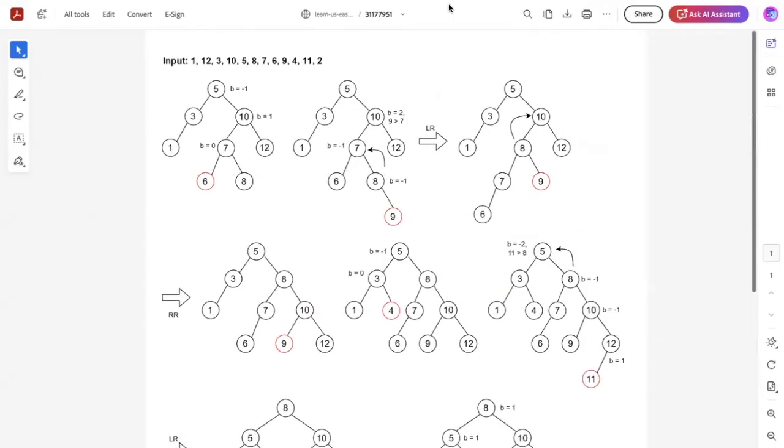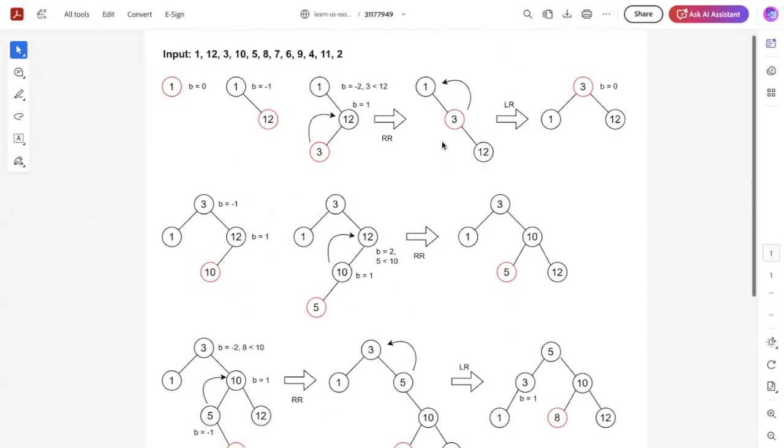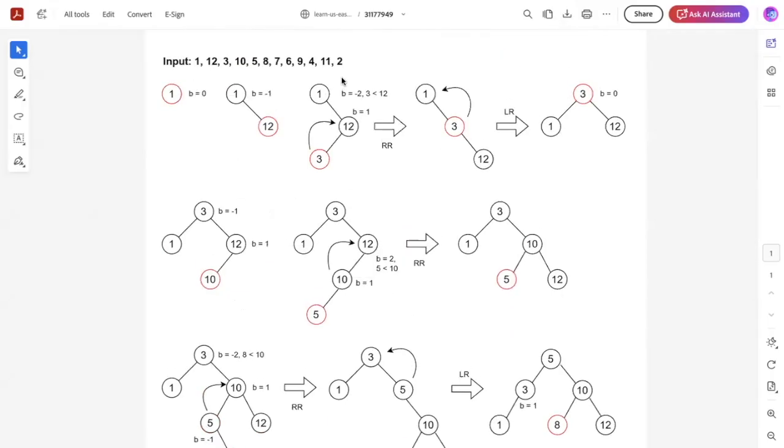Here is a concrete example of inserting these nodes. The first one is AVL, the second one that comes in is AVL, but when the third node comes in, that's 3, it is on the right side of the root, which is off balance.